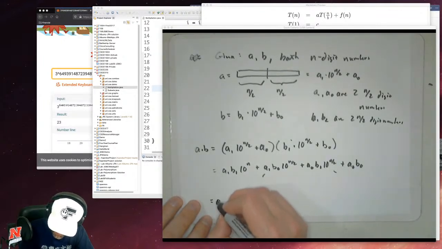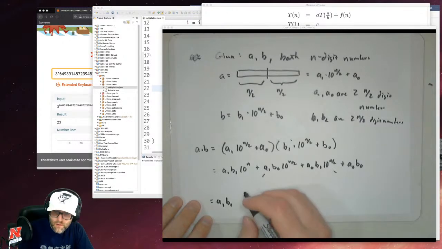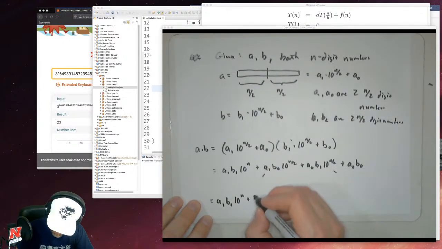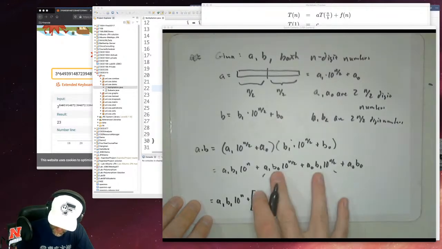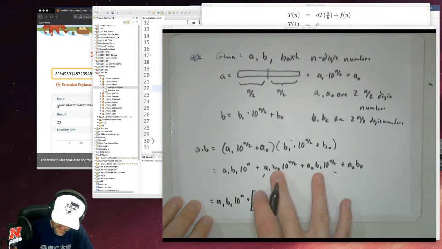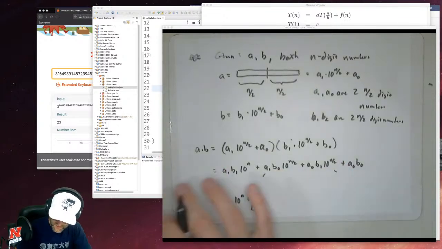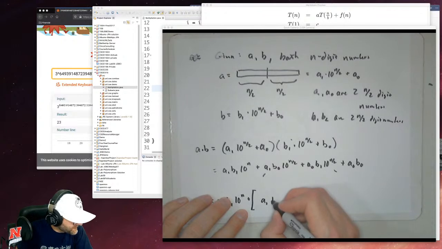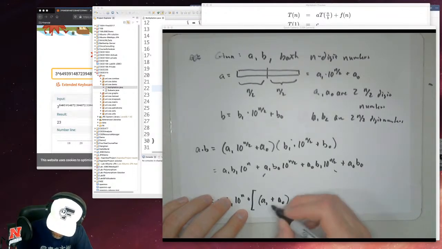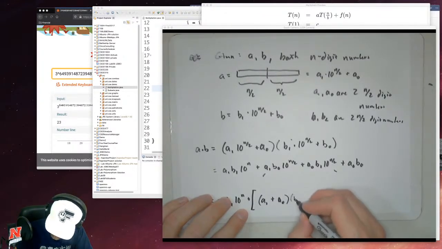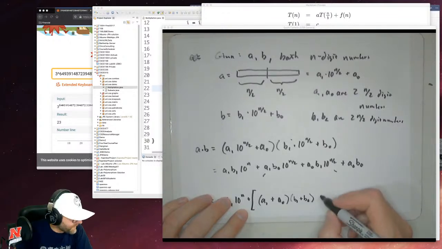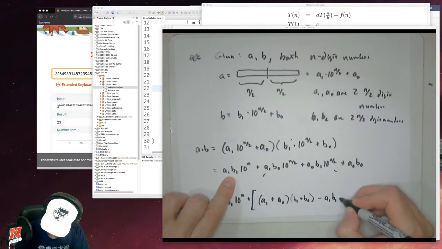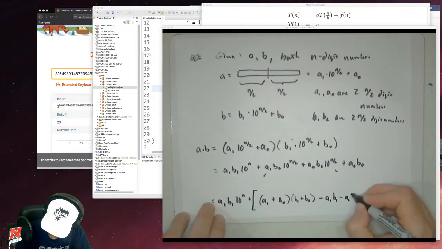Don't lose your other terms here. a1 b1 10 to the n, plus. Now I'm doing the trick of taking these other two onto the other side, and I've got a1 plus a naught, b1 plus b naught, minus this one, a1 b1, minus this one here, a naught b naught.